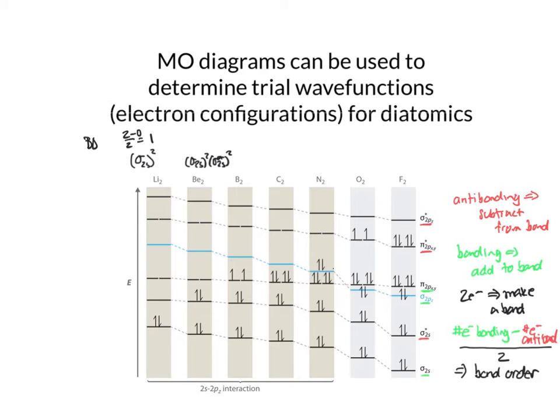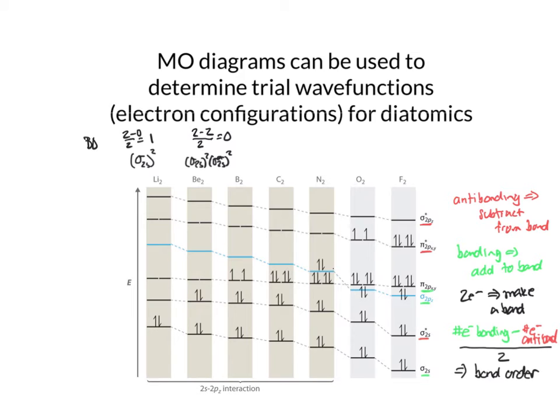However, in beryllium, I have 2 electrons in a bonding orbital and 2 electrons in an antibonding orbital. So the bond order is 2 bonding minus 2 antibonding divided by 2, because there are 2 electrons for each bond, and I get 0. And so diatomic beryllium doesn't exist. There's no reason for it to exist. There's no bond between those 2 berylliums overall.